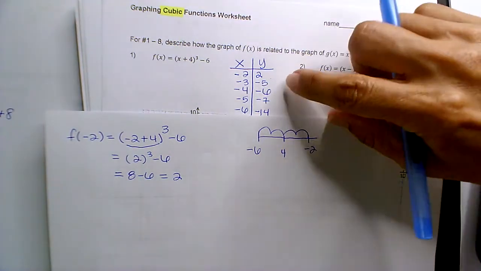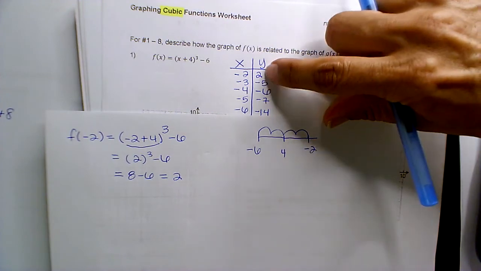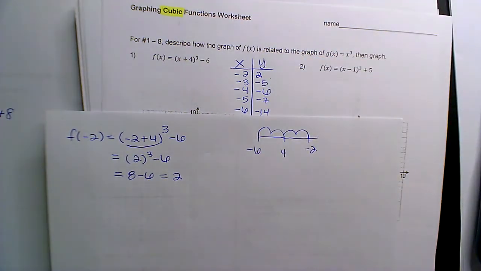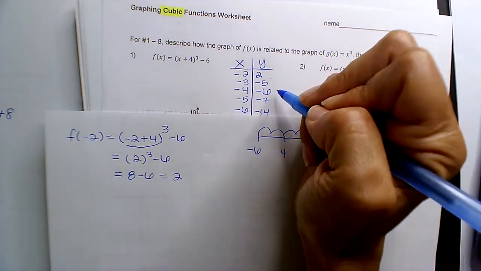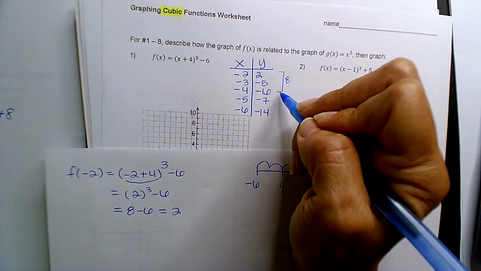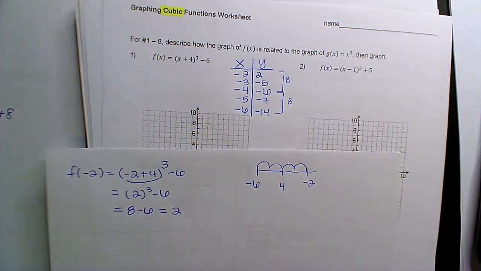-4's output is -6. What's the distance between -6 to 2? 8, right? Because if you're at -6, count to 2: -5, -4, -3, -2, -1, 0, 1, 2. They're 8 units away from here. So now go 8 units the other way. If you're at -6, go -7, -8, -9, -10, -11, -12, -13, -14.